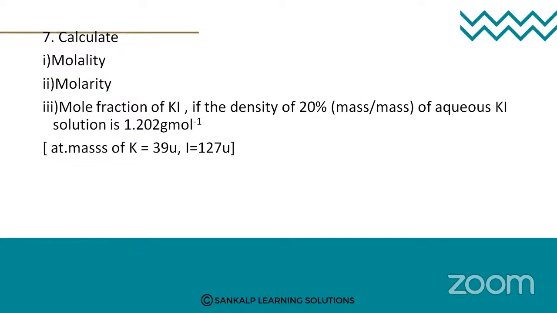And what is mole fraction? How do you calculate mole fraction? Whenever you're calculating the mole fraction, it is the number of moles of one component to the total number of moles of all the components present, right?